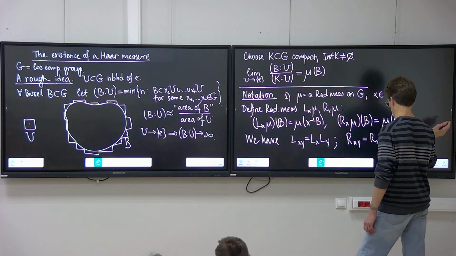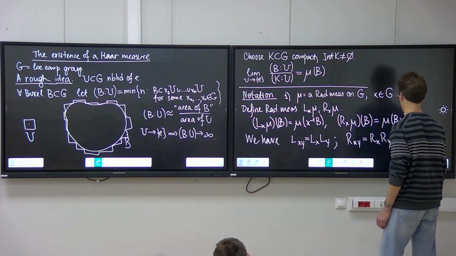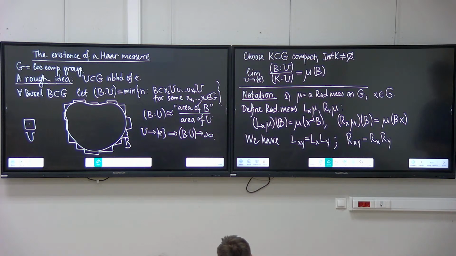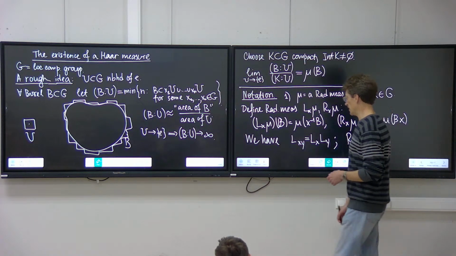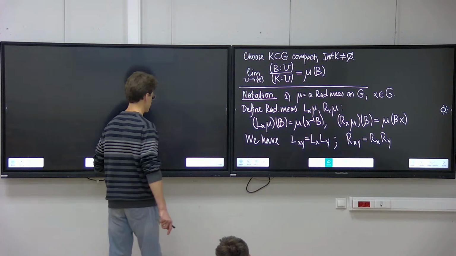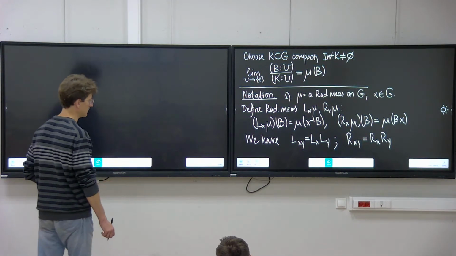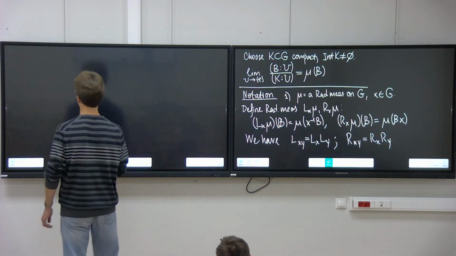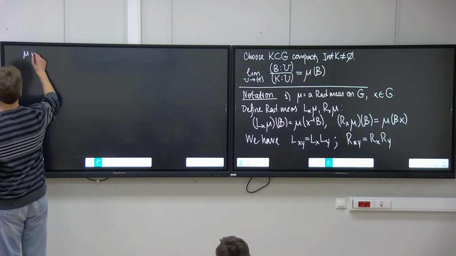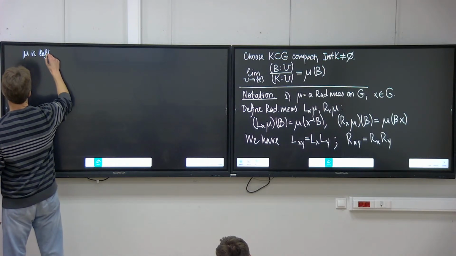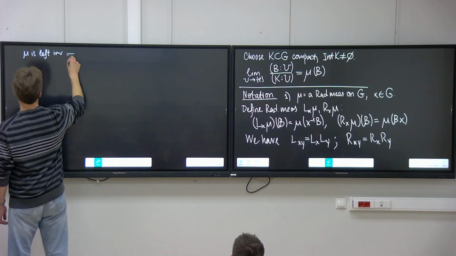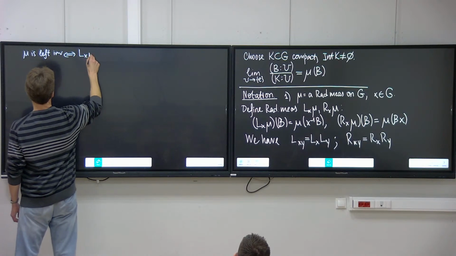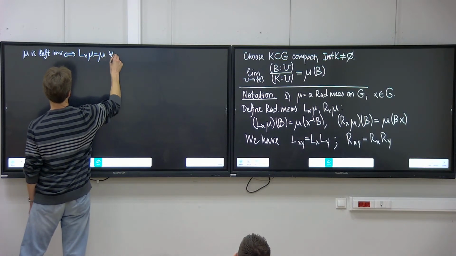This is not just an exercise, this is almost obvious. And it's clear from this construction that mu is left invariant if and only if Lx mu equals mu for all x.